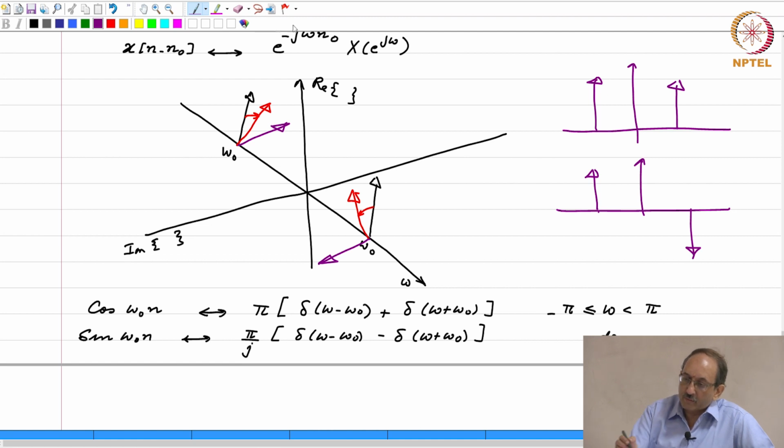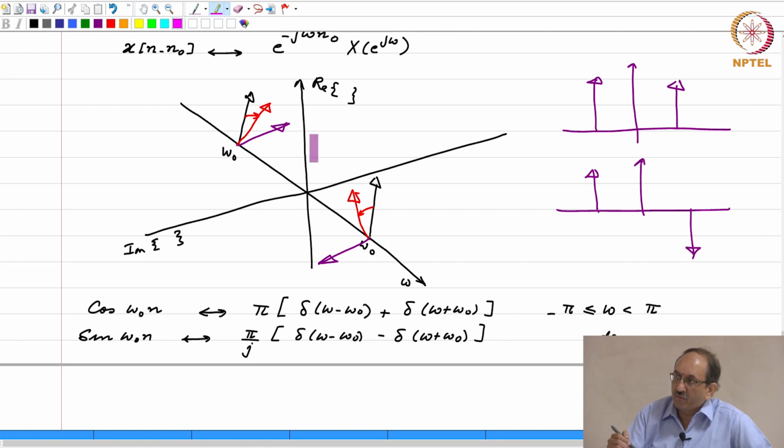So this is nothing but the view of this 3D picture as viewed in this direction. After phase shifting enough so that it has become sine, the picture that you see here is nothing but this 3D picture viewed from the top.